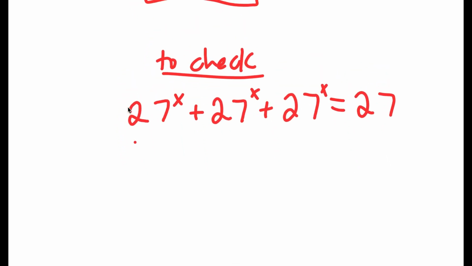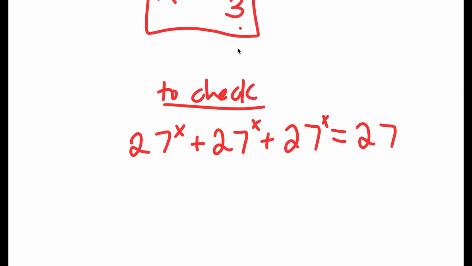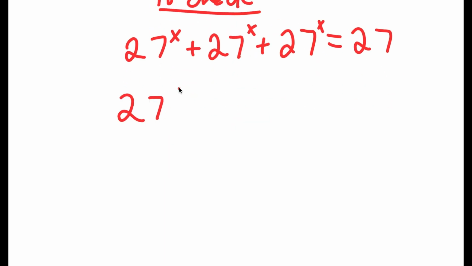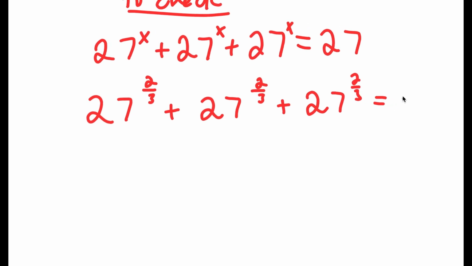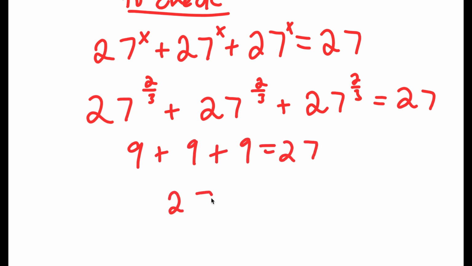So now I'm going to take the power of 2 over 3, so I have 27 to the power of 2 over 3 plus 27 to the power of 2 over 3 plus 27 to the power of 2 over 3 is equal to 27. Now, 27 to the power of 2 over 3 is the same thing as 9, so I have 9 plus 9 plus 9 is equal to 27, and this means that 27 is equal to 27.